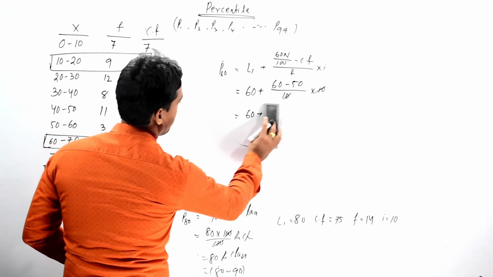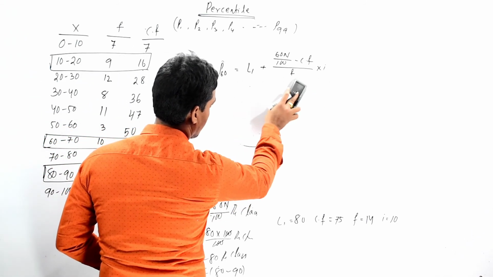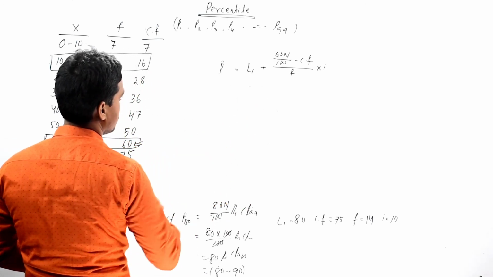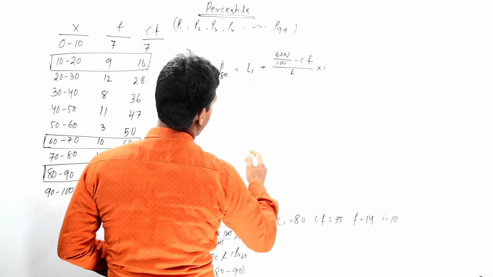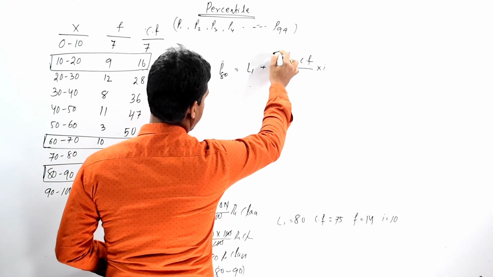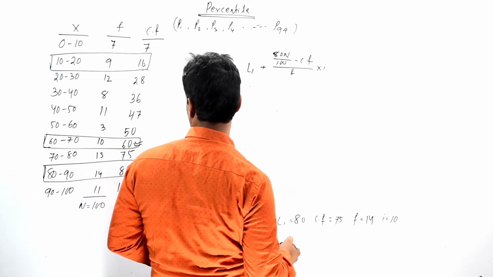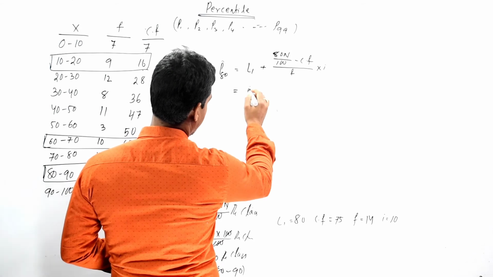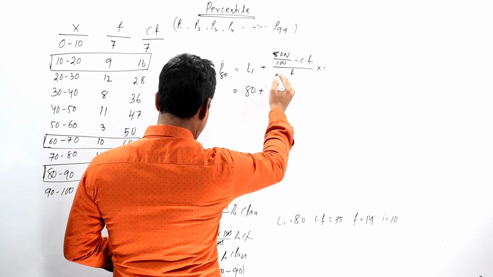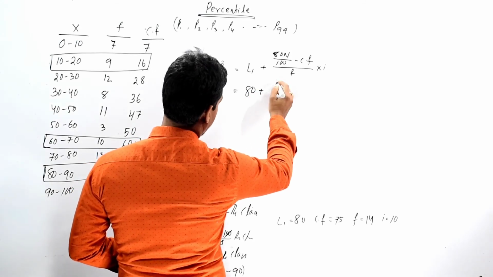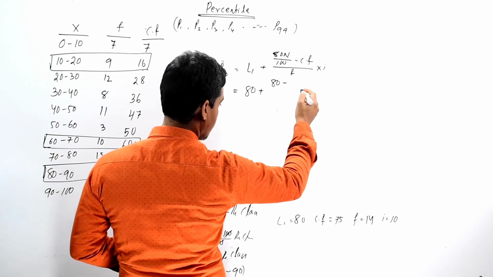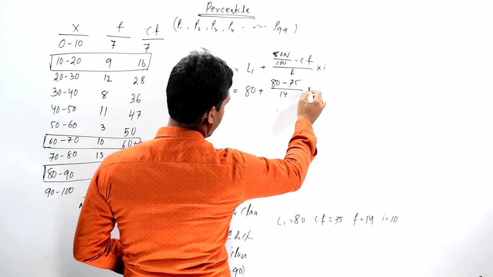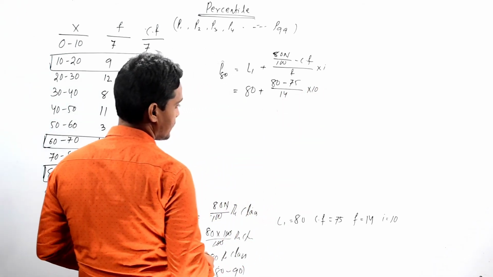By applying the rule, we can compute P80: P80 equals L1 plus 80n by 100 minus CF, divided by F, into I. Putting the values, 80 plus 80n by 100, that is 80, minus CF, that is 75, divided by 14 into I, that is 10.